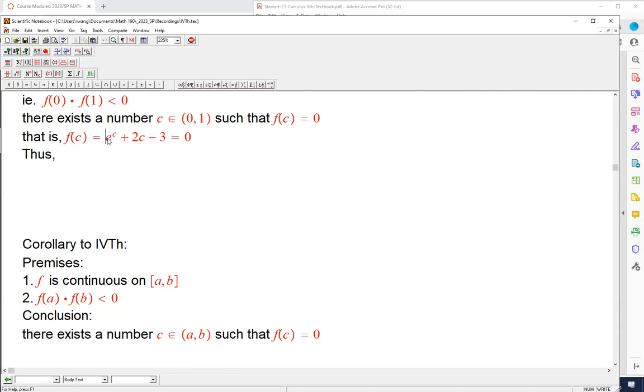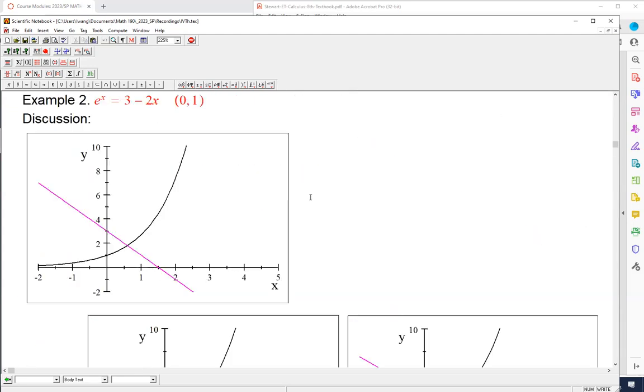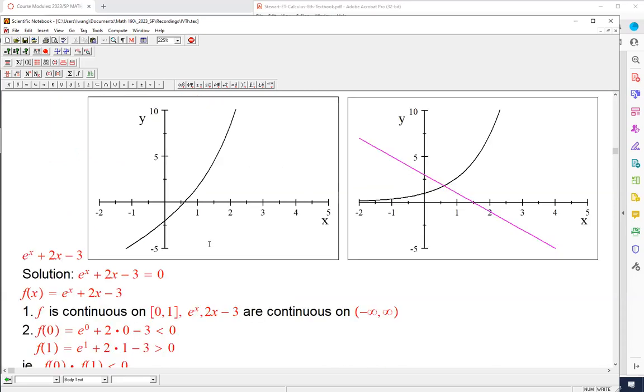If you want to demonstrate further, you can move that equal to 0, you can move the 3 and 2c to the other side. So you can write it as 3 minus 2c. And that is exactly what we're looking for, right?